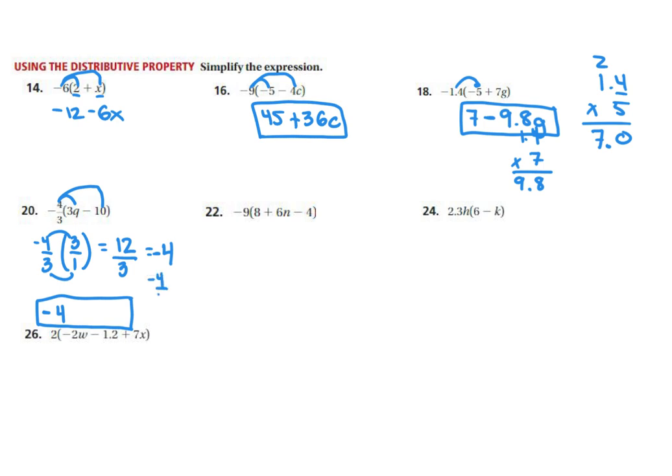Negative 4/3 times negative 10/1. I notice right away I'm doing a negative times a negative, so that tells me my answer is going to be positive or plus.